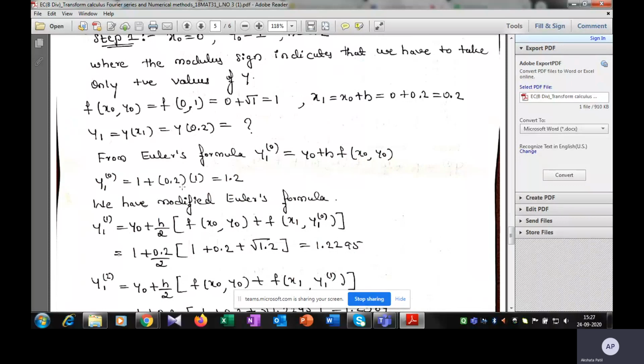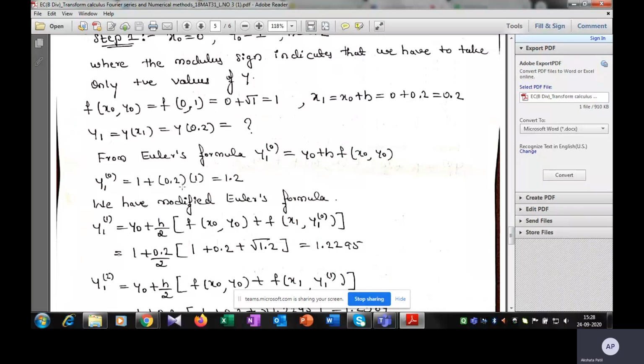After this, we need to calculate y1 of initial approximation, that is y1 of 0. Use Euler's formula here: y1 of initial approximation equals y0 plus h into f of x0 comma y0. y0 is 1, h is 0.2, and f of x0 comma y0 we already calculated above is 1.